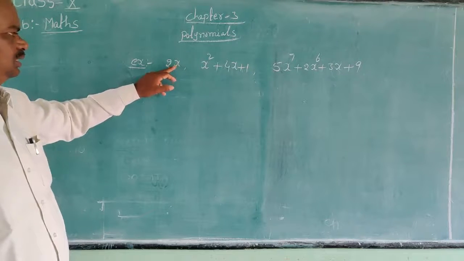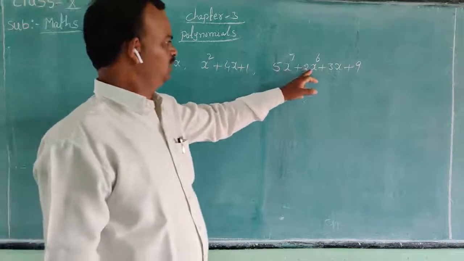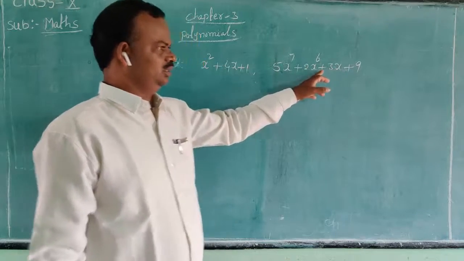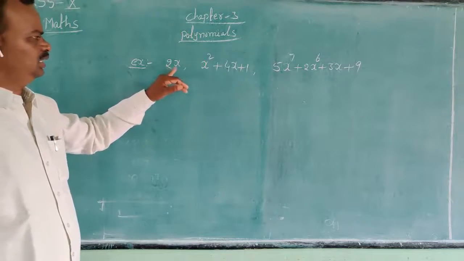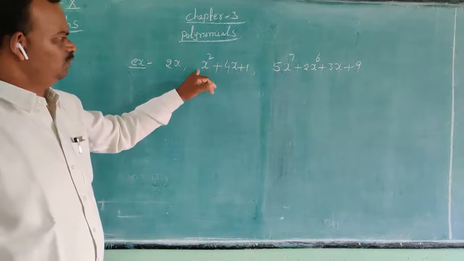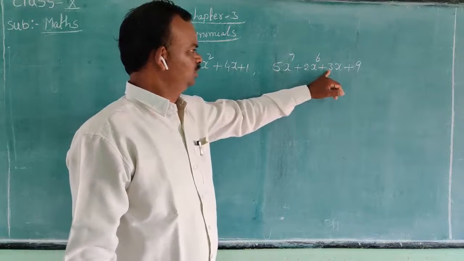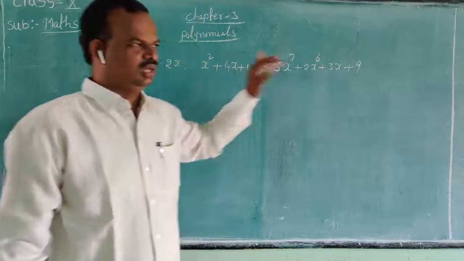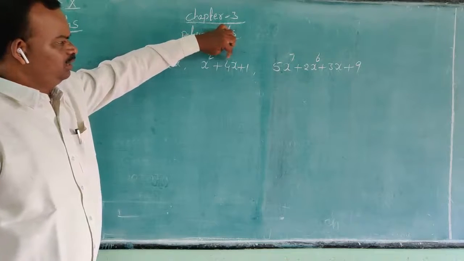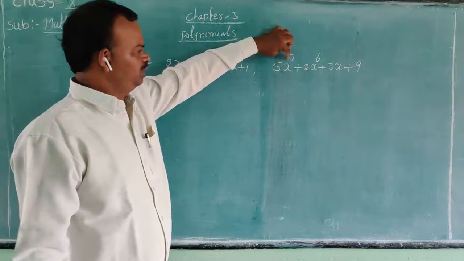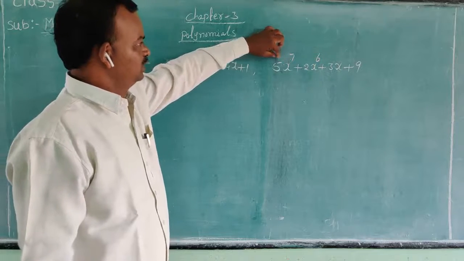In 2x, x square plus 4x, and 5x power 7 plus 2x power 6 plus 3x, the variable is x, and the coefficients are, here 2, here 1, 4, 1, and here 5, 2, 3, 9. We are multiplying coefficient and variable. X is the variable with different powers.